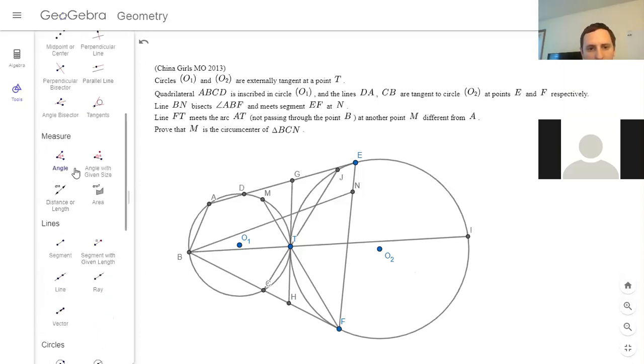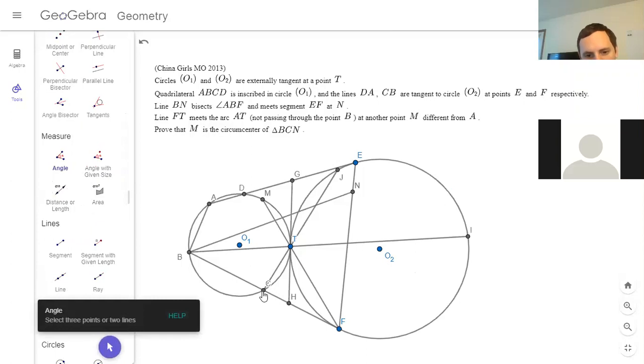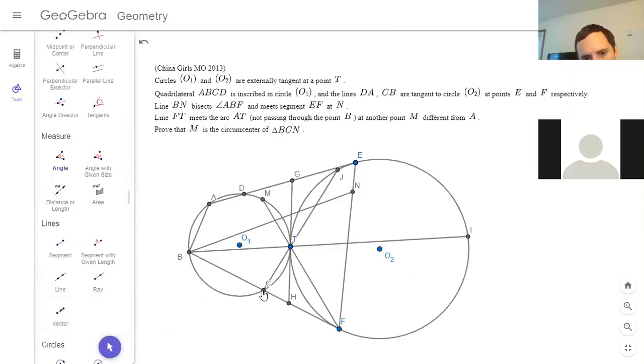So let me check something here. I wonder. So I'm getting that. Is it true that this angle TFC is equal to MBT? Is that obvious?